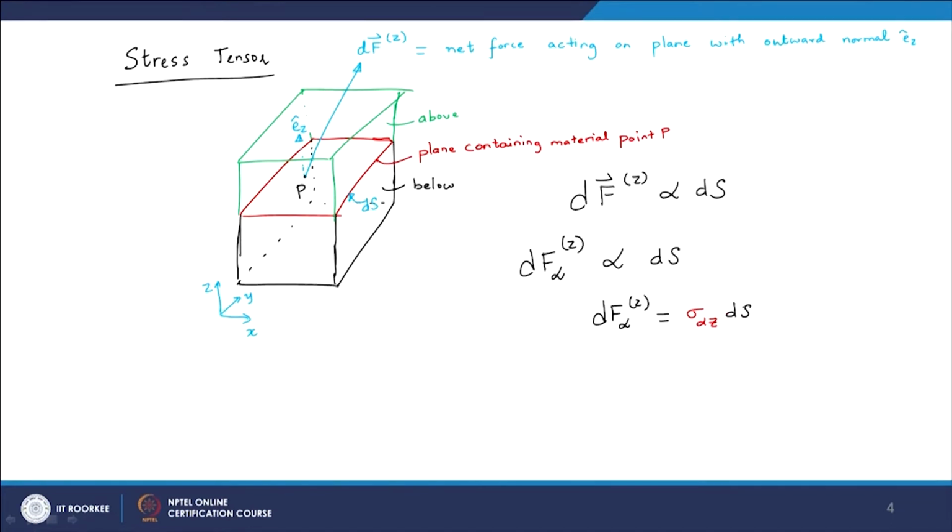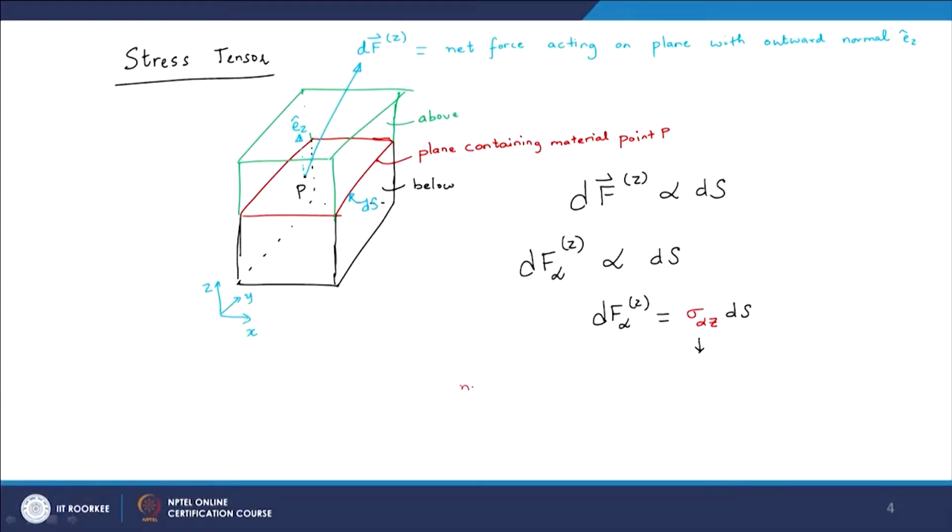So, this is the net stress that is acting on the plane with outward normal Ez, and of course, we are looking at the alpha component.